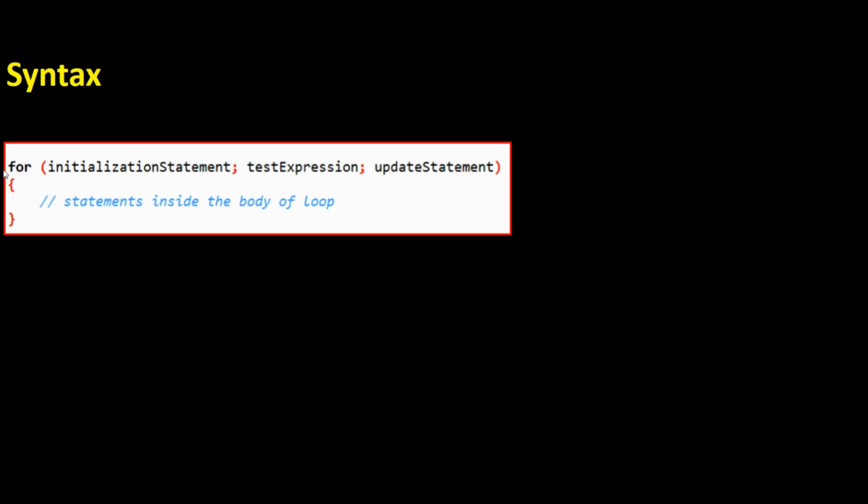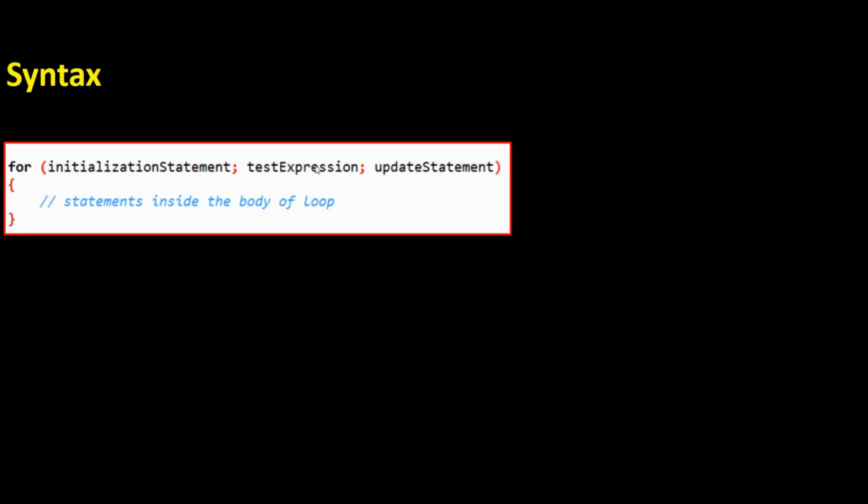So, how does the for loop work exactly? The initialization statement is executed just one time by the compiler. Then, we will evaluate the test expression. If the test expression is evaluated to false, the loop is terminated and the compiler will come and execute the rest of the code after these curly braces.